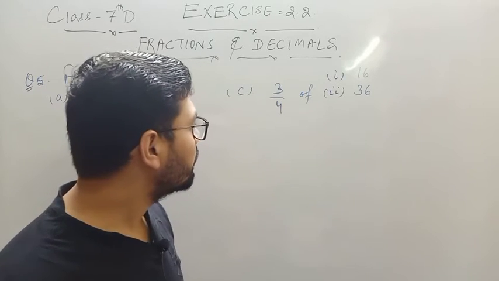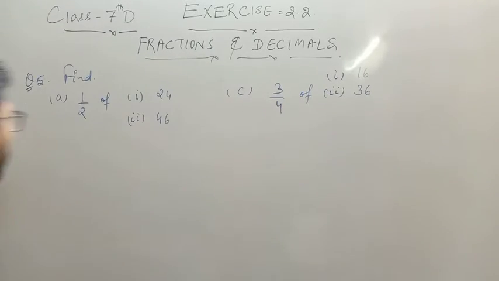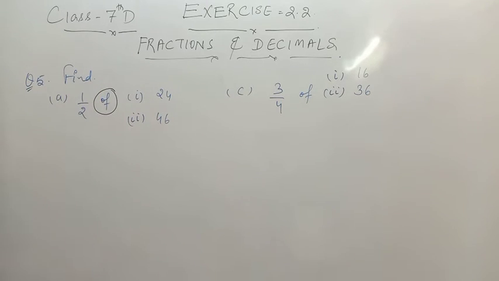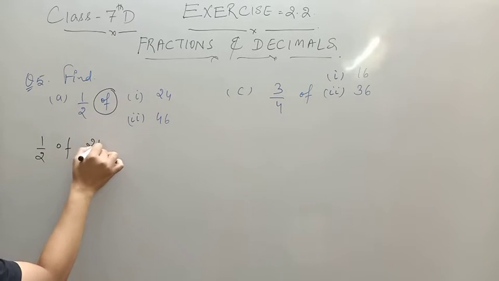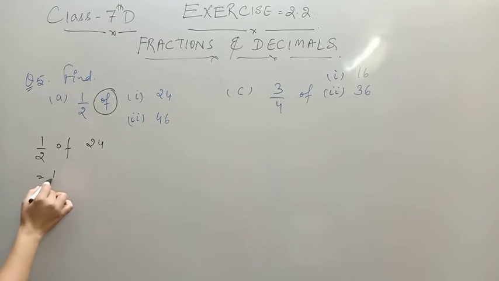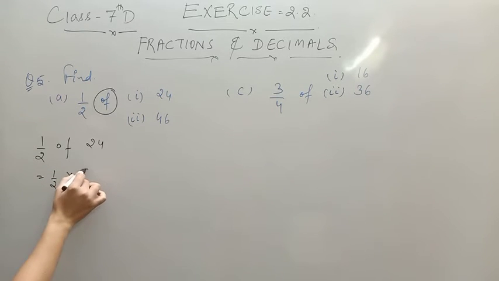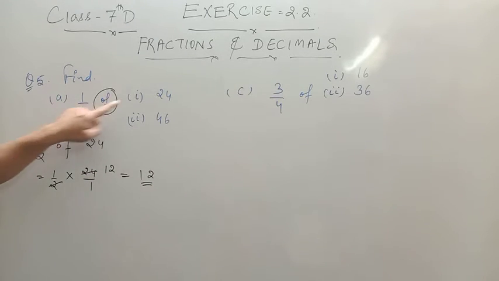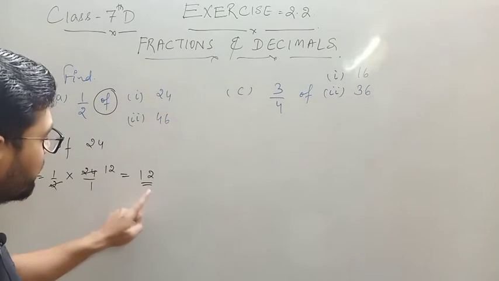Okay, now how to solve this, I will explain you. What does this "of" mean in mathematics? Multiplication, the sign of multiplication. So you can write half of 24, or half of is represented by multiplication sign, so 12. So half of 24, what will be 24 ka aadha? 12.